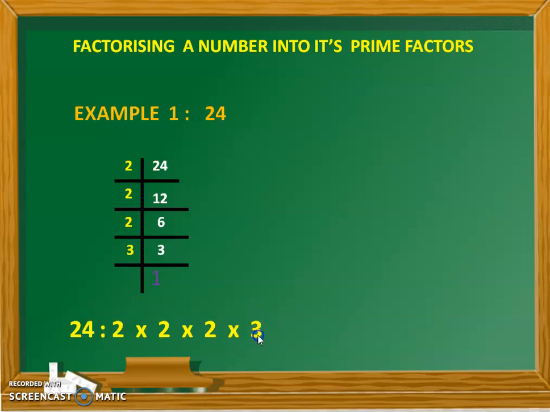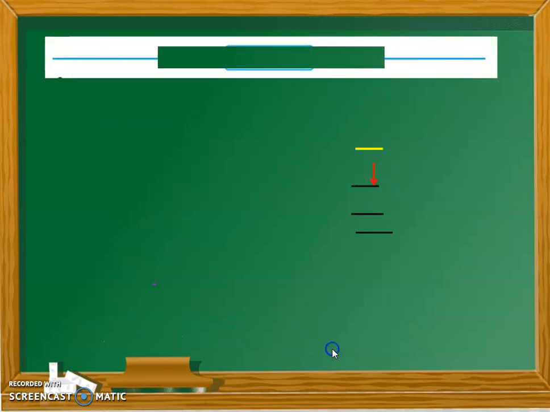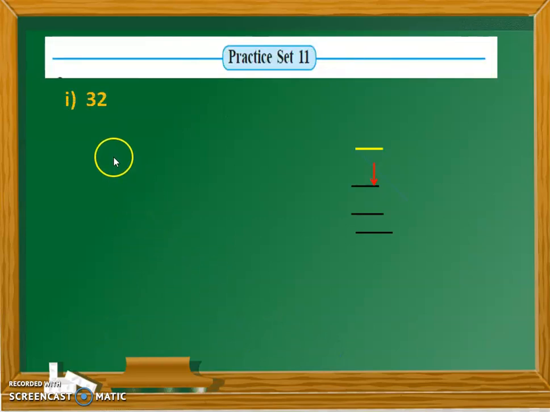Let's start with practice set 11. Here I have taken this first example. Again, first of all we will have to make this vertical arrangement, and again we are going to check with the divisibility rule by which smallest prime number we can divide.